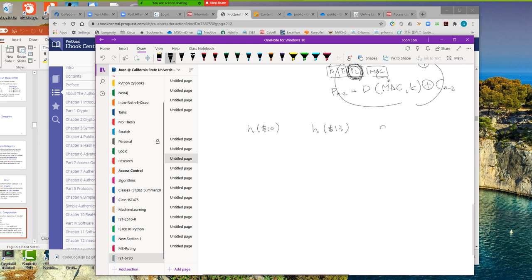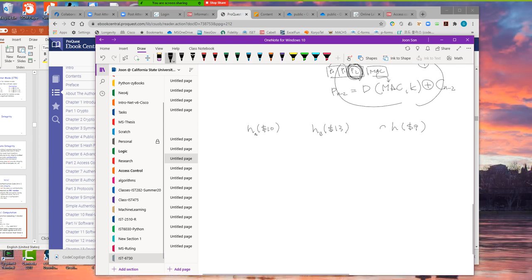And then Charlie's bid price is, let's say, $9. So this is a hash by Alice, this is a hash by Bob, and this hash value by Charlie, right? And instead of submitting the plain value, they submit the hash value to the service.